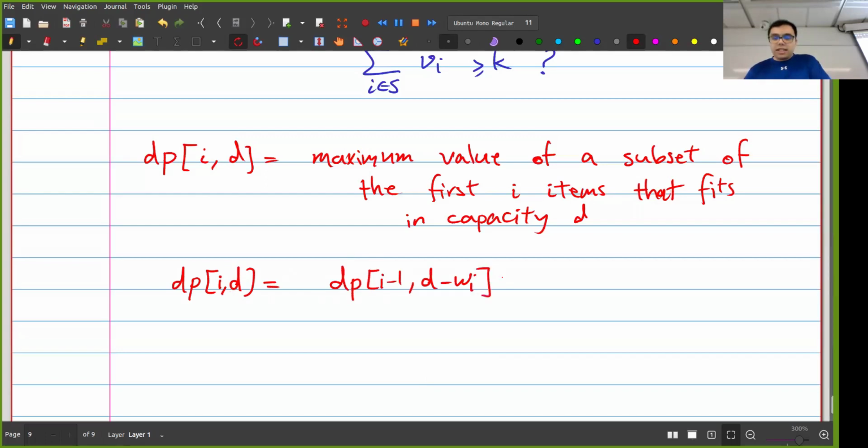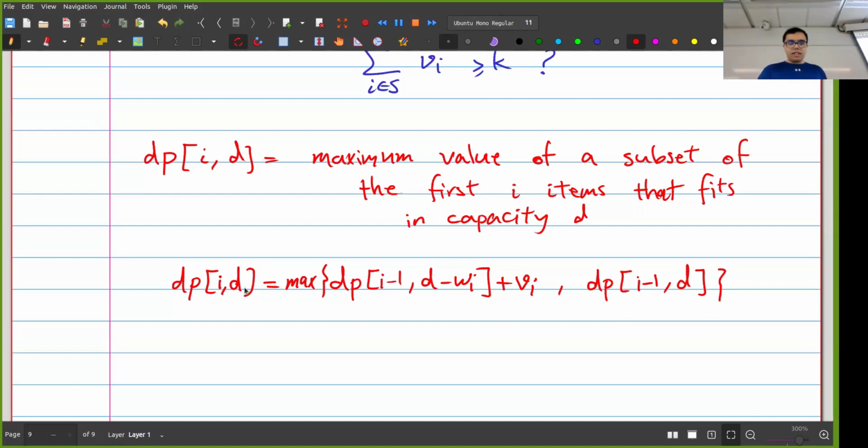But I'm also getting the value of the item that I took. If I don't take item i, then I just have to fill up my knapsack with the first i minus 1 items. And of course, I will take the maximum of these two. Then we have base cases where we run out of space or we run out of items. So the base cases are when we have 0 items, or when the capacity is negative, you cannot make it.